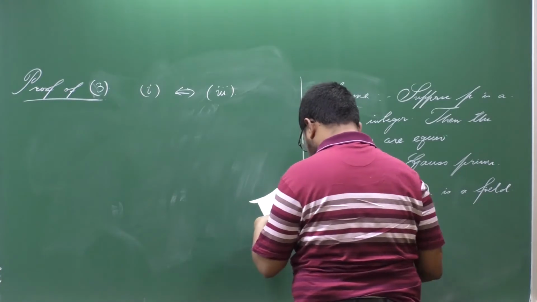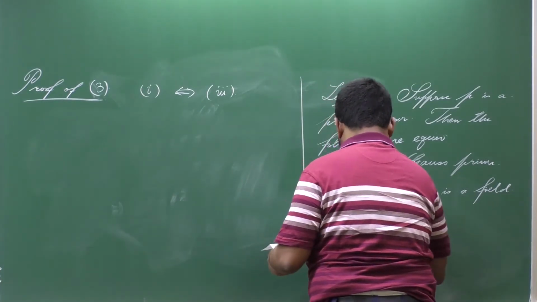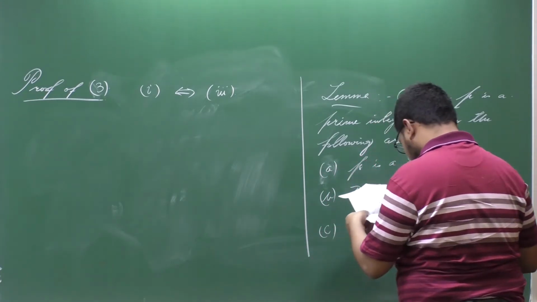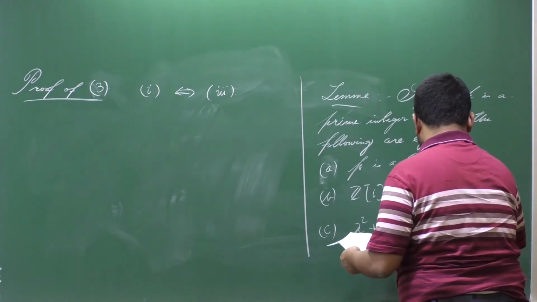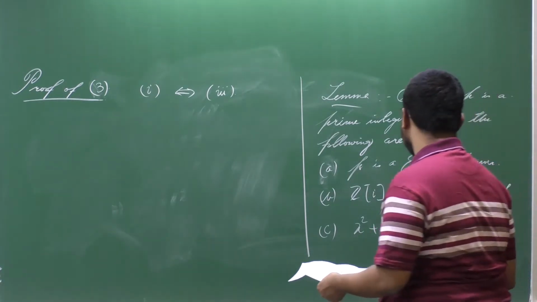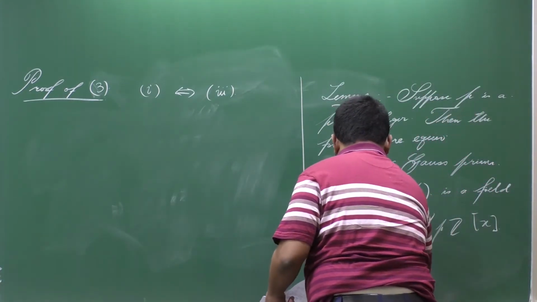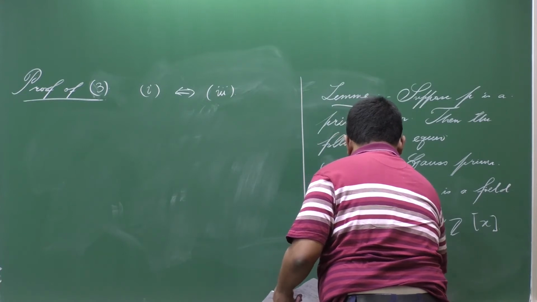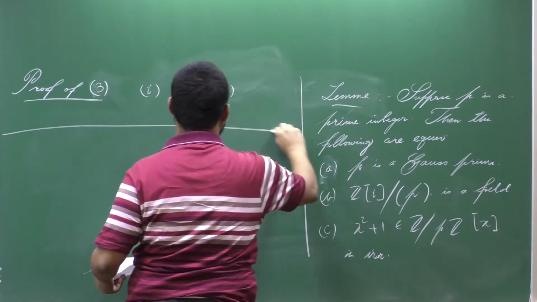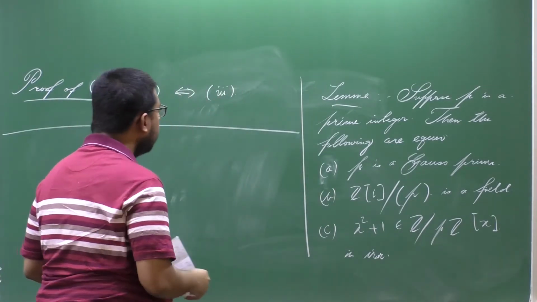And part C: x square plus 1, if we consider this polynomial over the field Z modulo pZ, is irreducible. Let me first prove the lemma, then in view of the lemma this will be automatic.